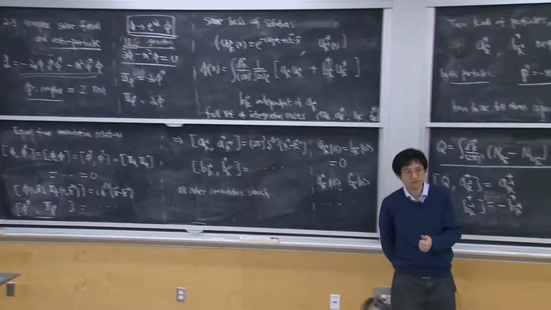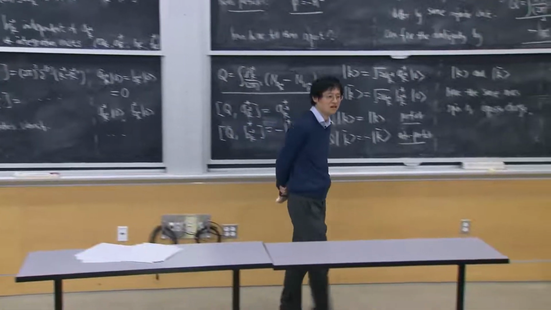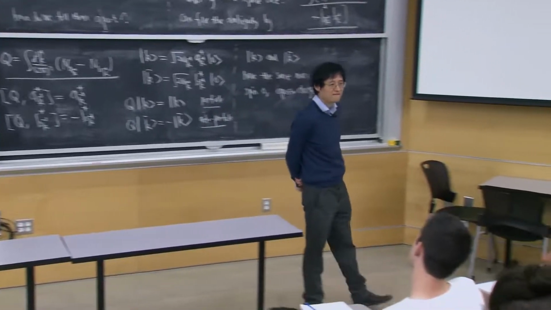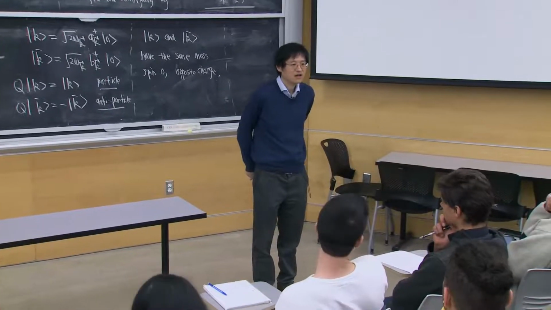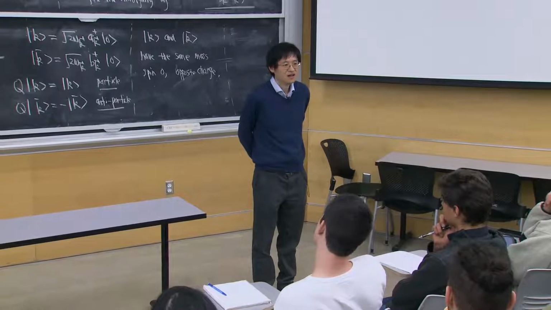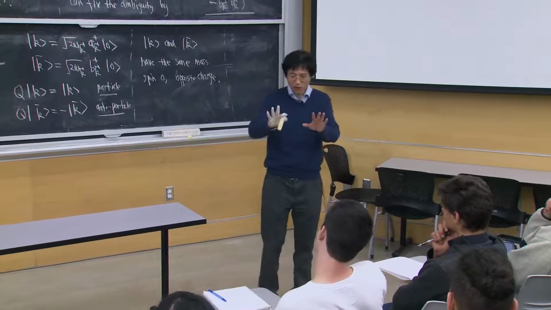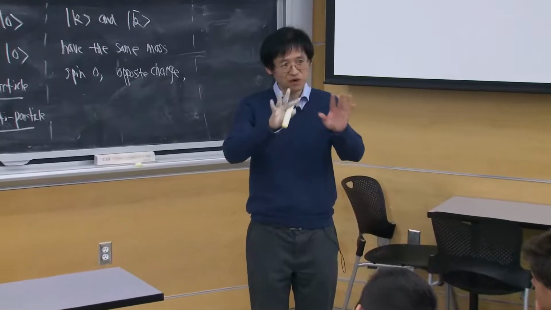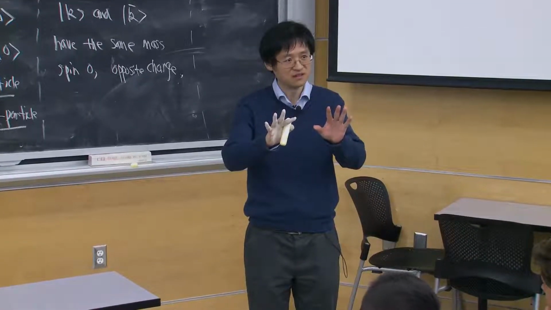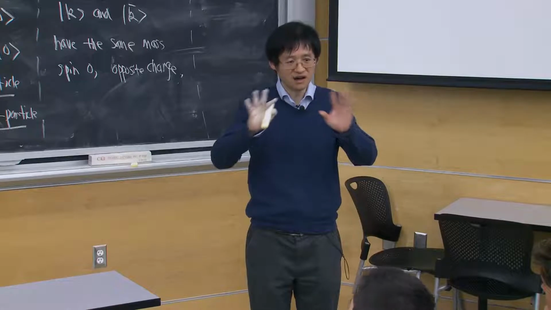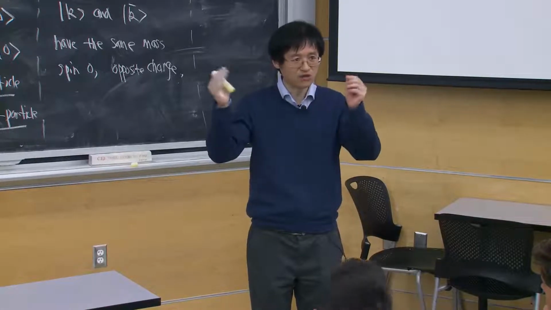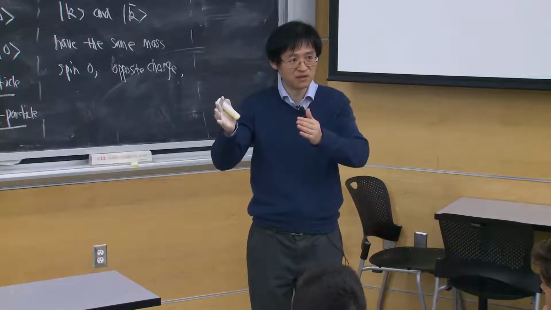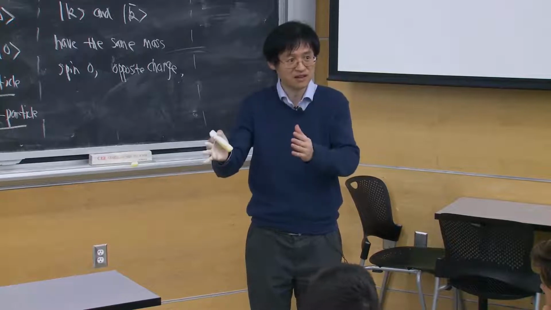So does this mean particles and antiparticles, the difference between them is conserved, so they work in pairs? Essentially, their properties are almost identical, except they have opposite charge. Just like in the real world, if we have matter, we have antimatter.